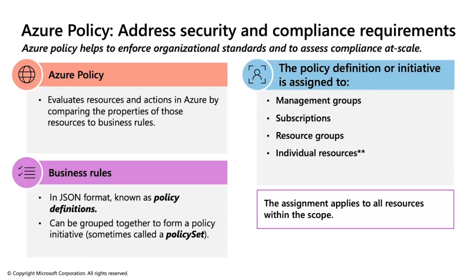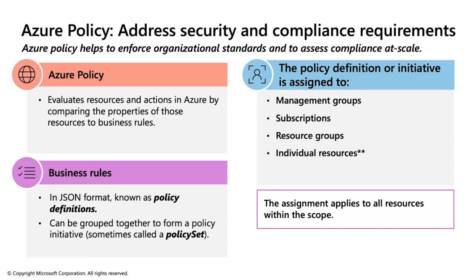This policy can be applied at different levels, like the management group level, the very top level, where multiple subscriptions that are part of the management group will be affected. But I can also apply this policy to the subscription level, the resource group level, or to an individual resource if I want.